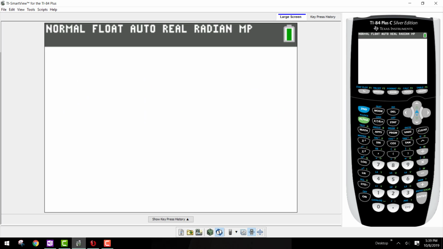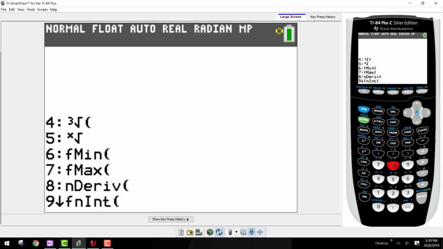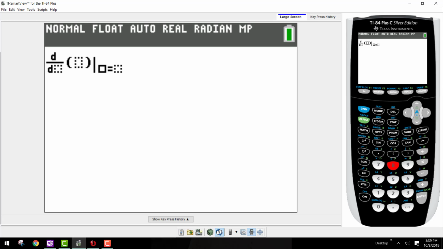So let me pull that up. So you press math, and it's right there, number 8. You can see it, nderiv. And then you pick what, you can use any variable, but it just makes sense to use x because you can just press the x button. You don't have to hit the alpha key or anything like that. And then the function is x squared minus 5x plus 6.